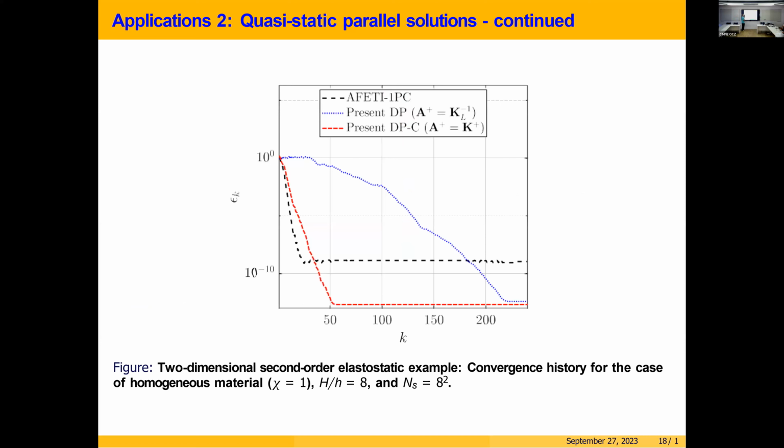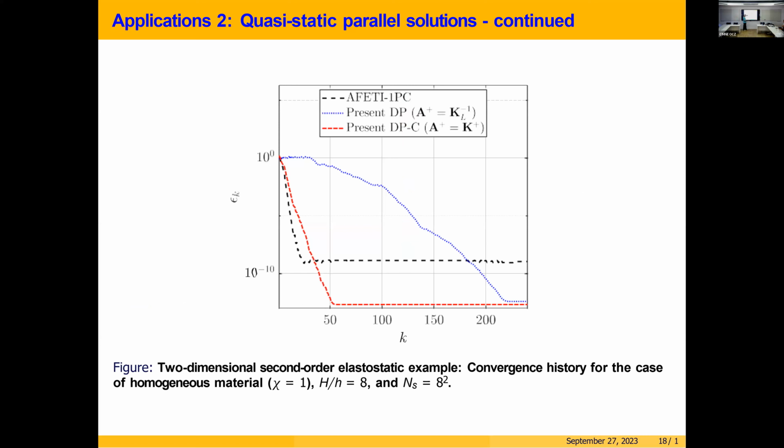And again, we try two different preconditioners. This thing doesn't really work as nicely as just using the block diagonal generalized inverse, which is very cheap.